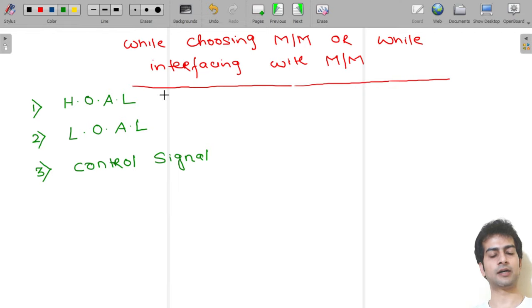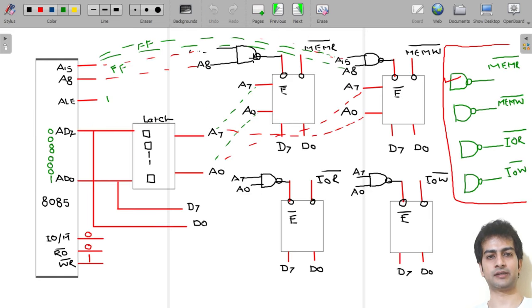When the outputs of all these three match our desired operation, then only that memory will get selected, otherwise it will not get selected.